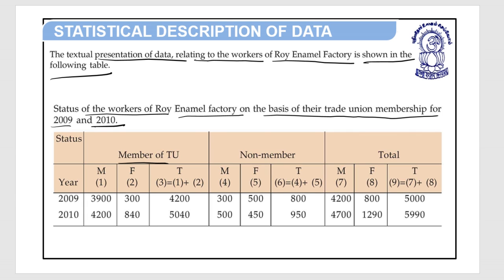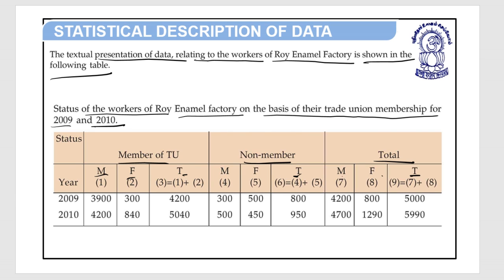Status here: member of TU, trade union. TU means trade union. Non-member and total. Male, female, total.